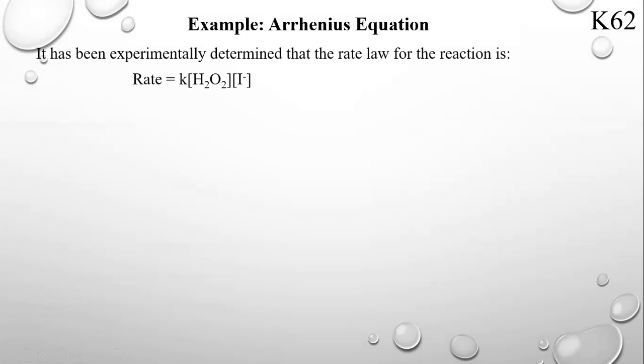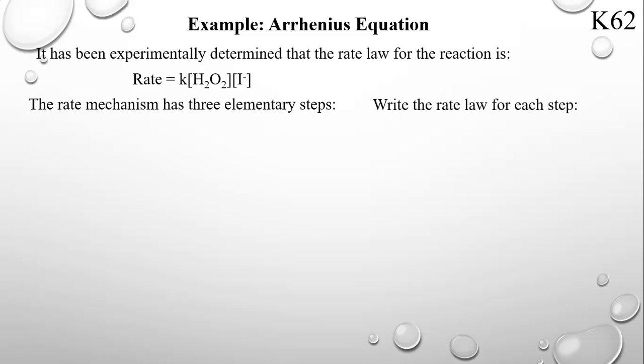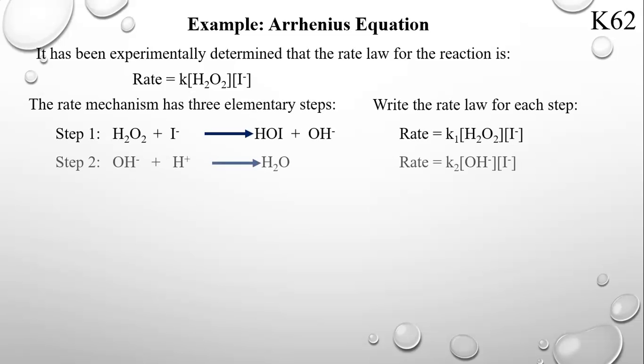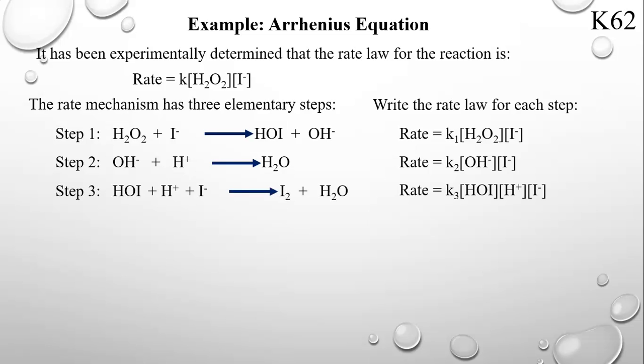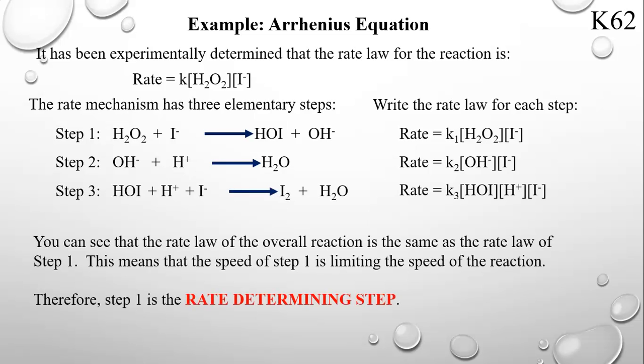So it has been determined experimentally that the rate law for this reaction is what we showed you on the previous slide. So the reaction mechanism has 3 elementary steps. There they are. We've already gone through those. See if you notice something about the rate laws of the elementary steps and the rate law of the overall reaction.